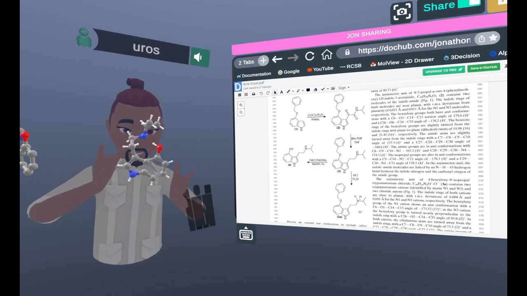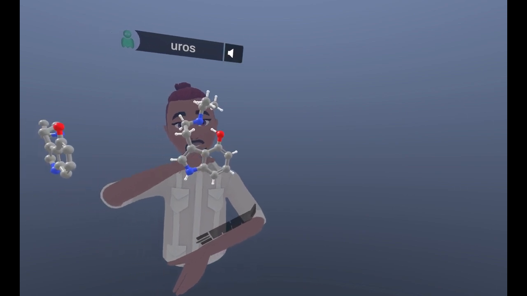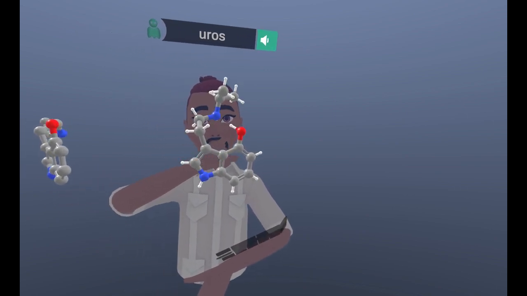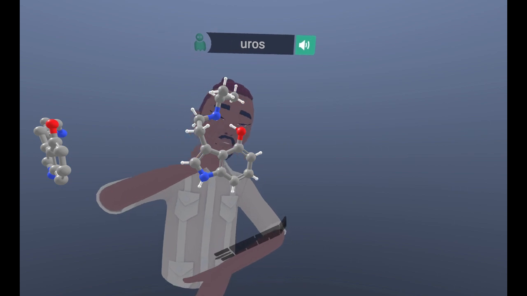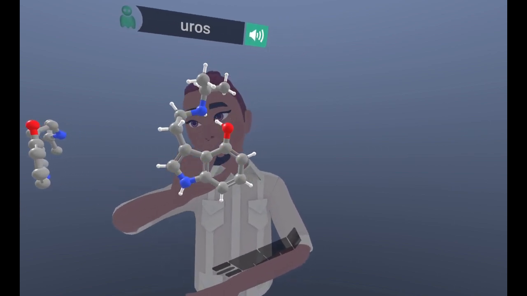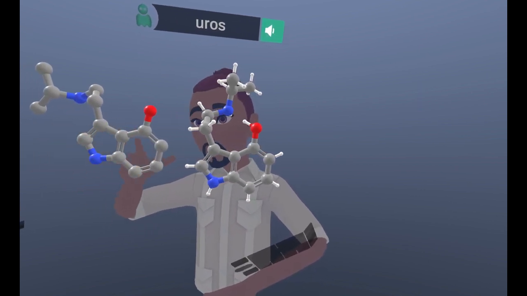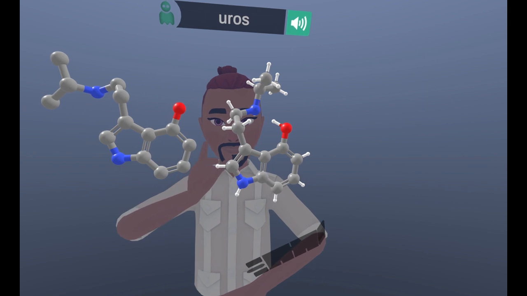So the crystal structure of this compound is basically 4-hydroxy in the 4 position, forming an intramolecular hydrogen bond with the nitrogen, and this is the so-called ergoline conformation, and this is the non-ergoline conformation of psilocin analogs.